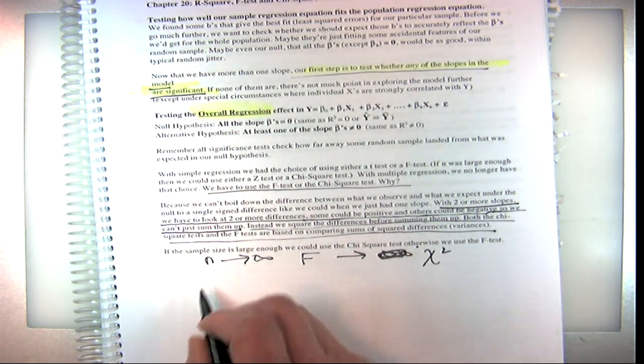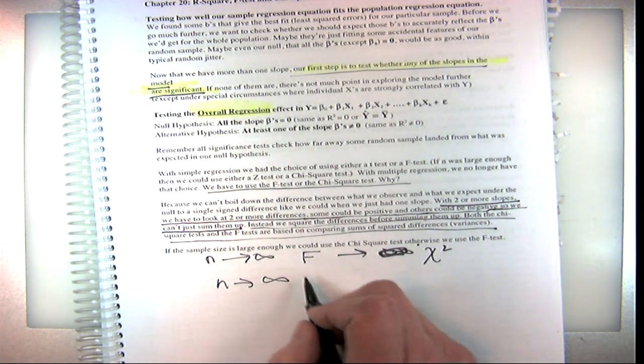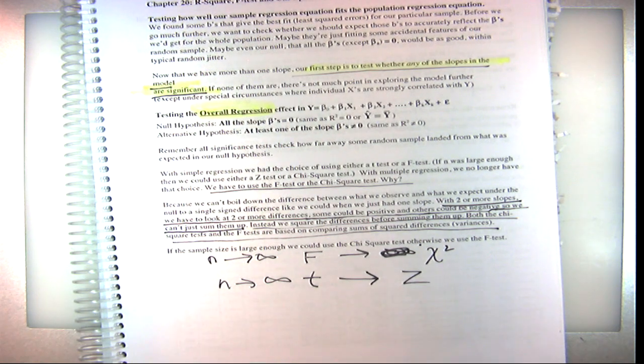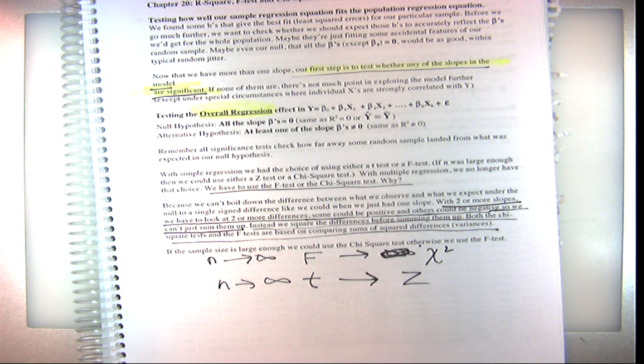The chi-squared. It's analogous to the t and the z. As n goes to infinity, the t got closer and closer to the normal curve, to the z. It converges.